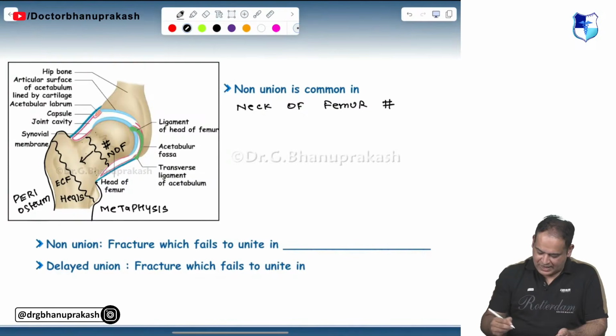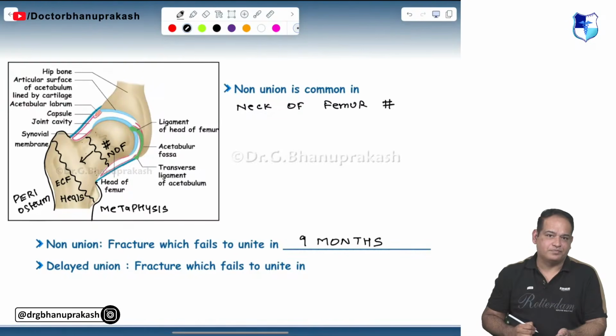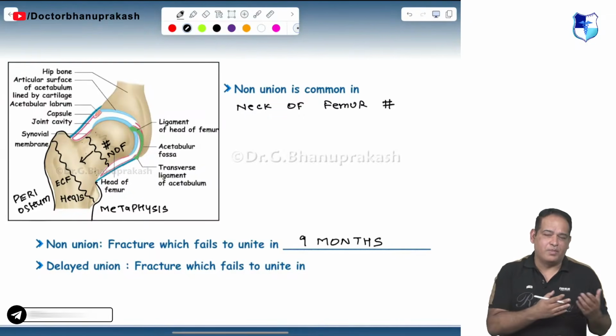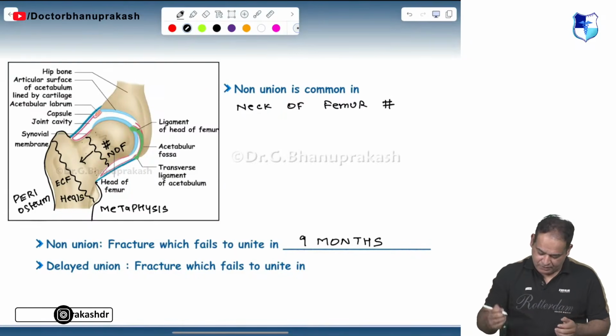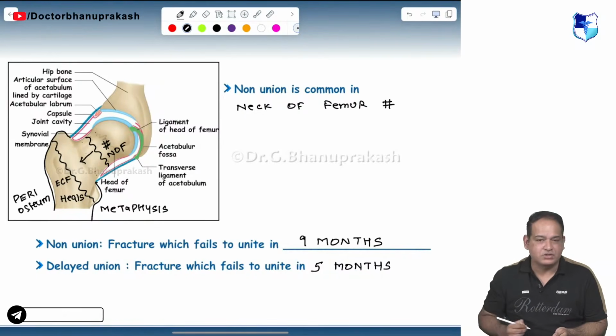Now, what exactly is non-union? Non-union is fracture which fails to unite in 9 months. 9 महीने हो गए, फ्रैक्चर ही नहीं जुड़ा, 9 महीने में तो बेबी हो जाए पूरा पूरा, right? Now, what is delayed union? Fracture which heals to unite in 5 months. Right?